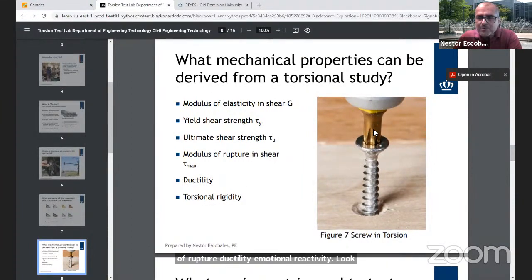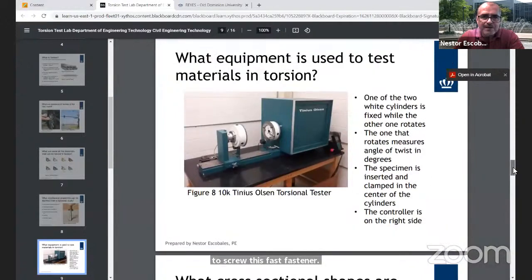Looking here, another example is when we are screwing a screw in. When you apply that force to screw this fastener, you are applying torsion to it. That's the 10,000-pound Tinius-Olsen universal or torsional tester.